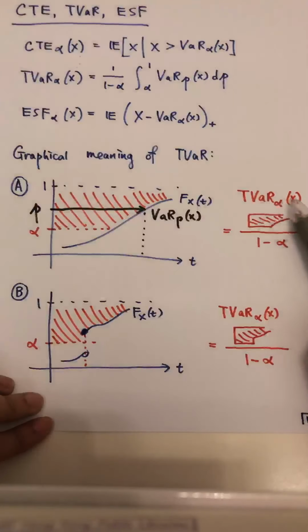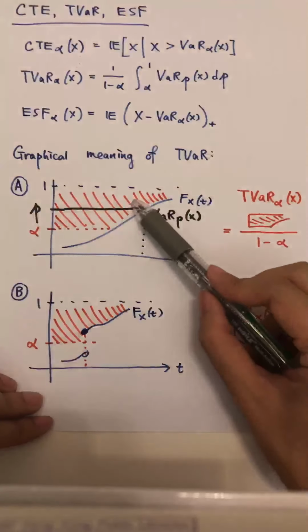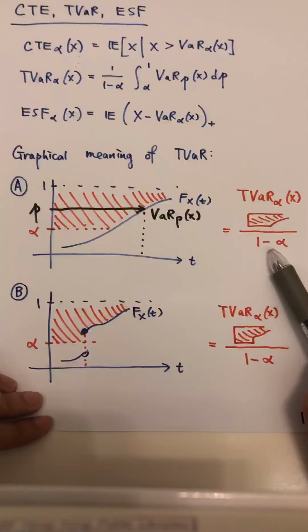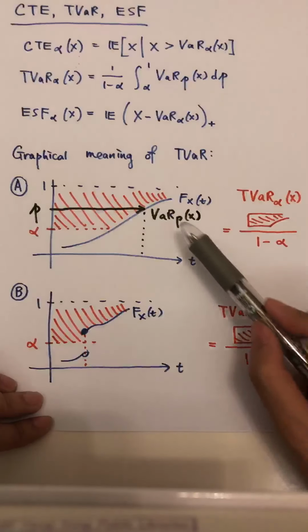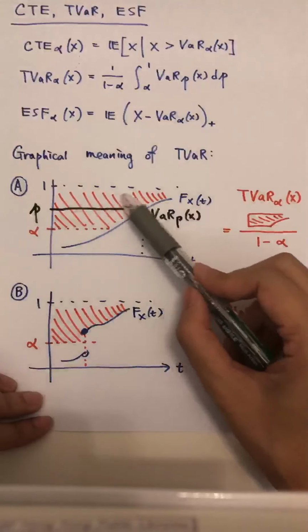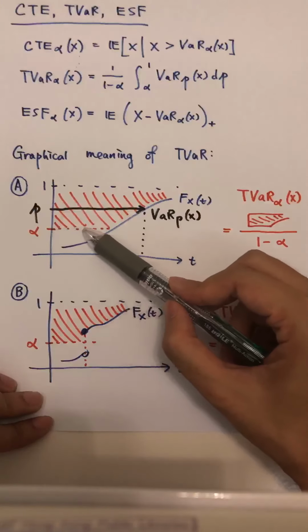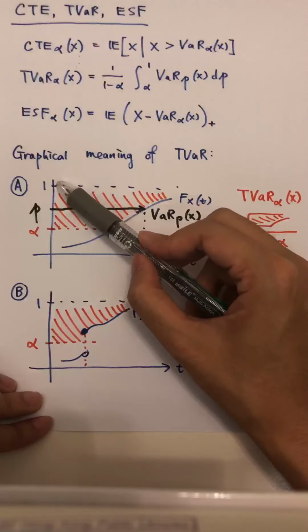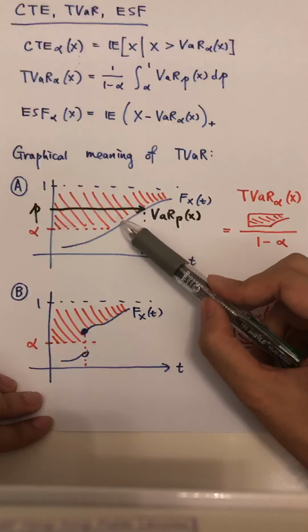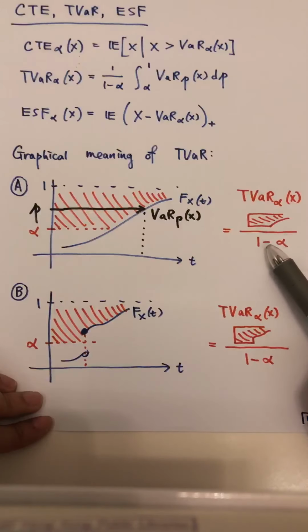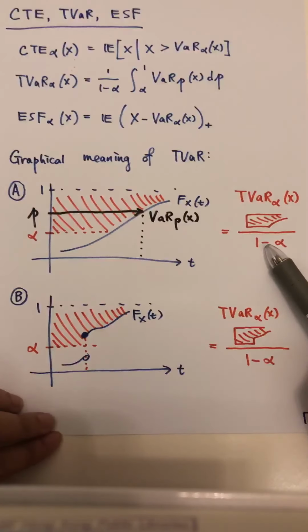Therefore, T bar of x at level alpha is simply the area of the shaded region divided by 1 minus alpha. So if you want to find T bar, we can first find the area of the region bounded below by level alpha and bounded above by 1 and also bounded by the curve. We find the area of the region and then divide by 1 minus alpha.